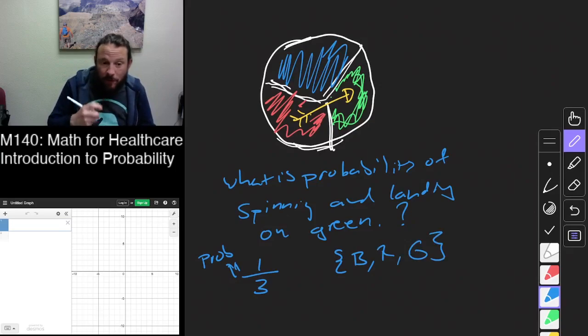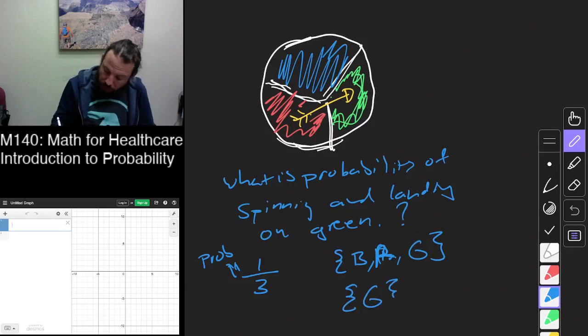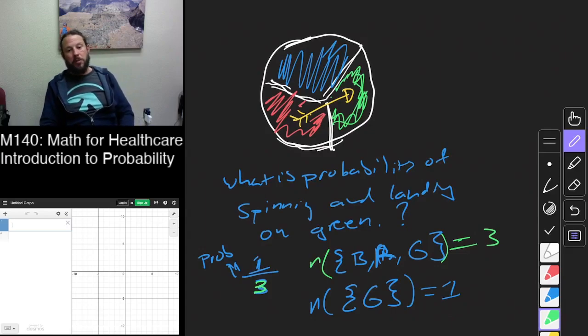We're going to see later that's called the sample space, but that's all the possible spins. They're all equally likely because they're the same size. And what are we interested in? We're interested in the set when it's coming up green, which in this case just means that. Notice that the size of this set is 1, which is my numerator, and the size of this set is 3, which is my denominator. That's exactly how we're going to find probabilities.